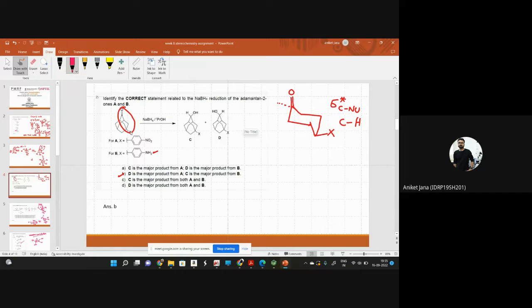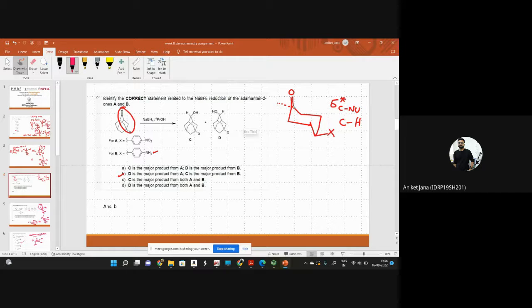This effect says that when some group is already present in the cyclohexane, it will donate its electron pair to stabilize the incoming carbon-nucleophile bond. It donates its electrons to the low-lying sigma star orbital of the carbon-nucleophile bond to stabilize the bond.